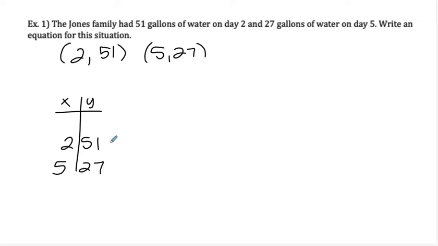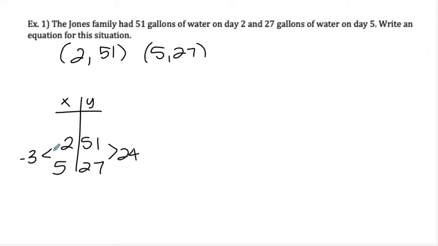I want to find my vertical change. So 51 minus 27, which is a change of 24. And then I'm going to also subtract down 2 minus 5, and that is going to be a negative 3.